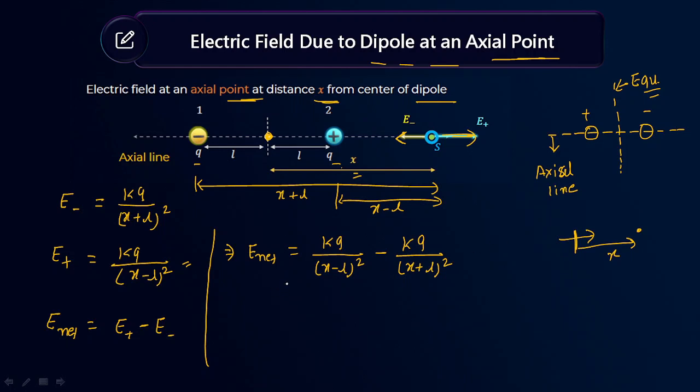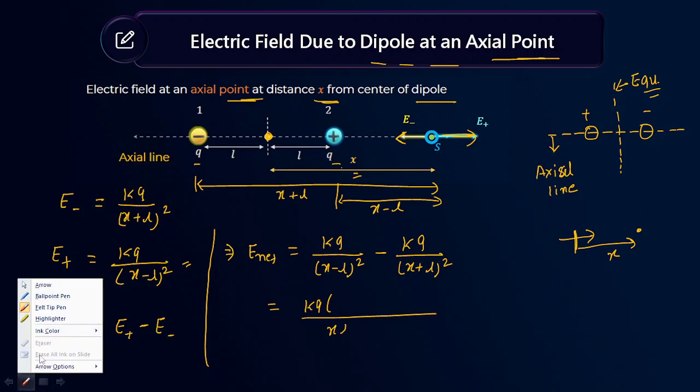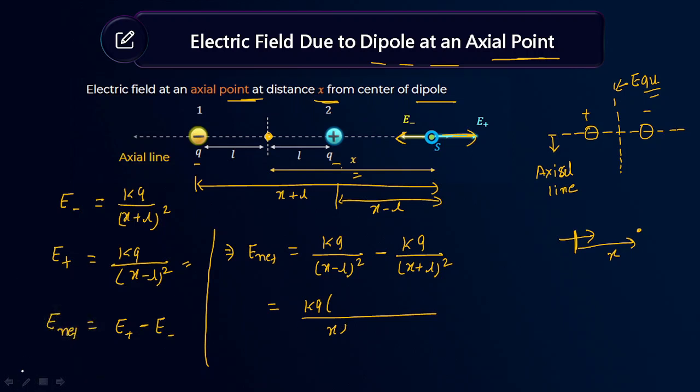Now simplify, so we can take the LCM, so we can write it as KQ, we can take as common, and (X minus L) square into (X plus L) square.